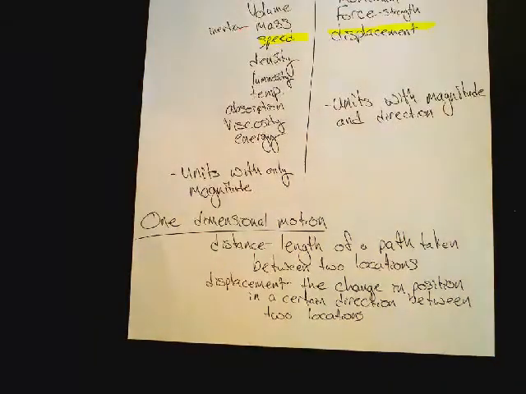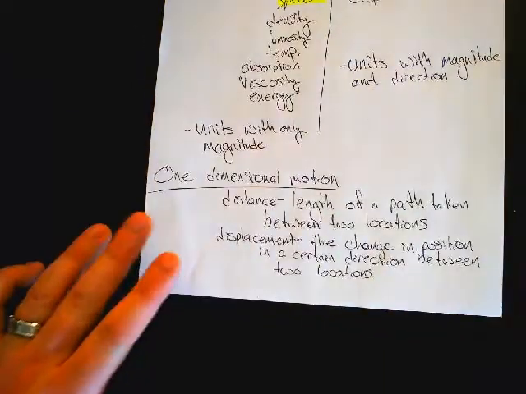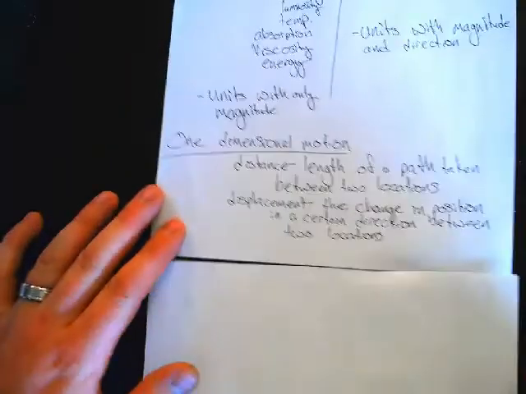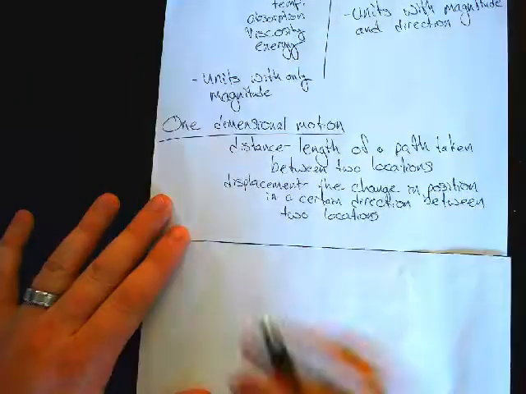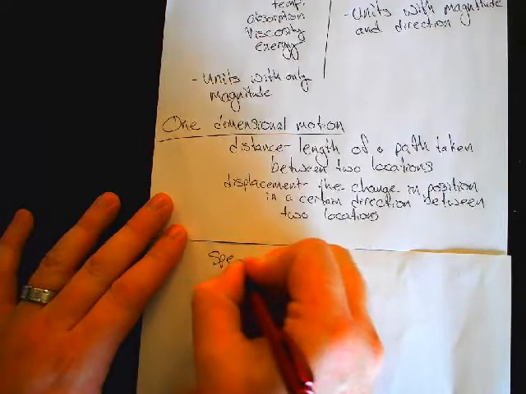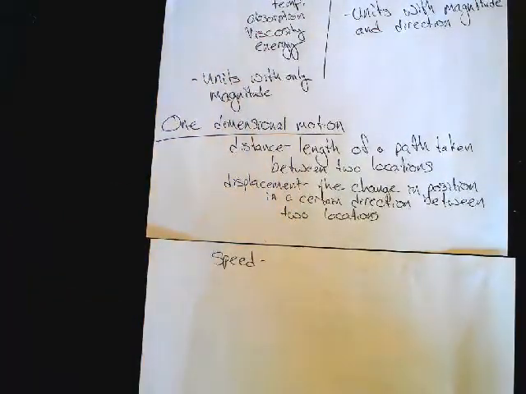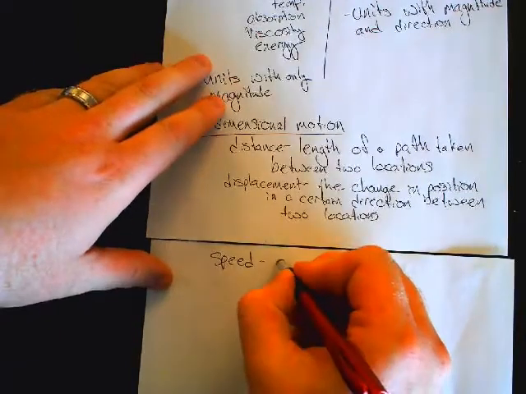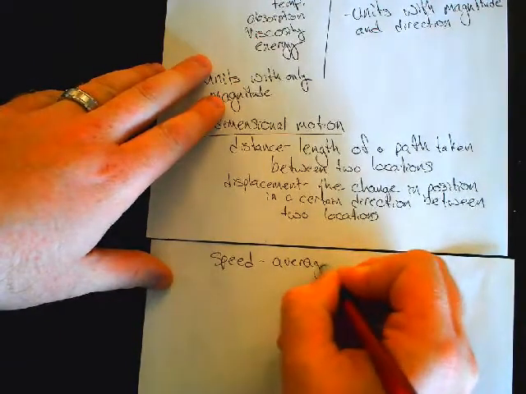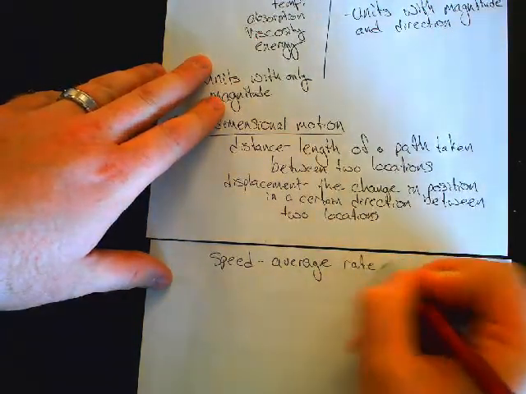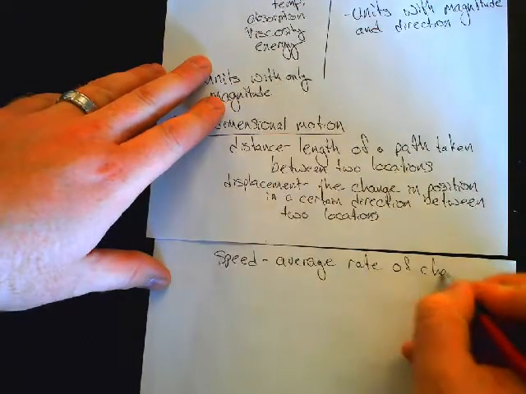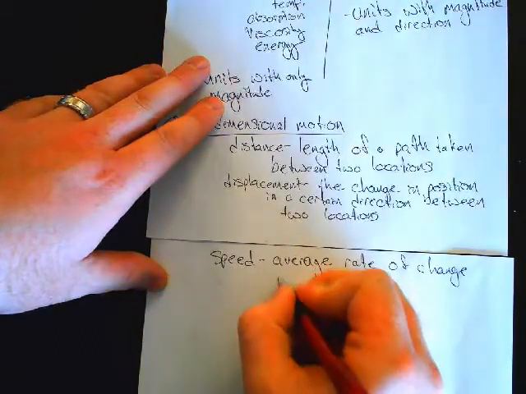So then expanding from these two terms, we're going to go ahead and go to speed and velocity. So speed is the average rate of change in position over time.